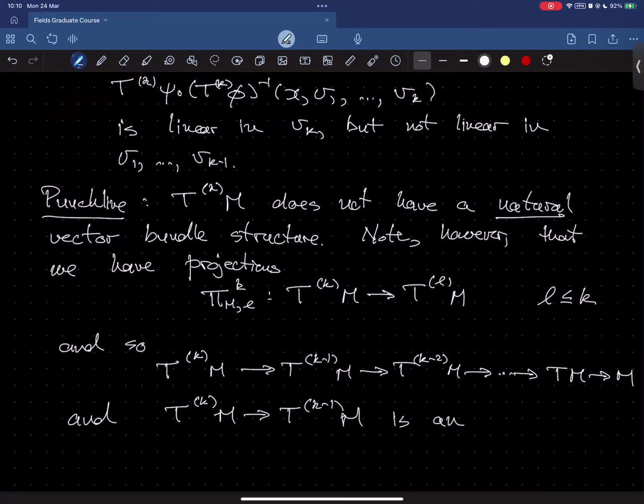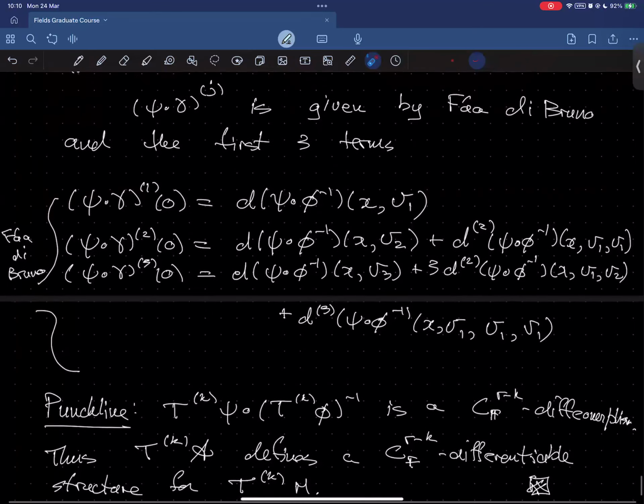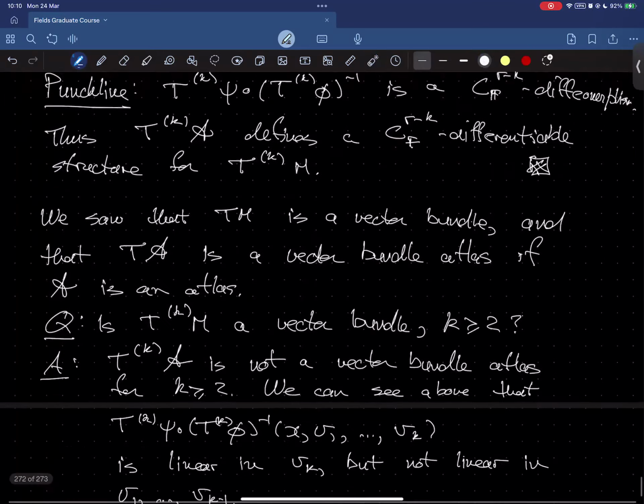And you can see that if you only allow the top order derivative to vary and fix the other derivatives, then this is an affine function, right? It's linear plus constant. So that's where the affine bundle structure comes from.